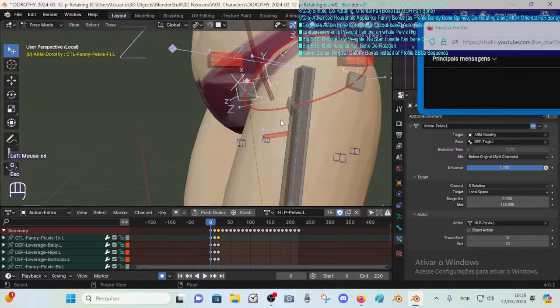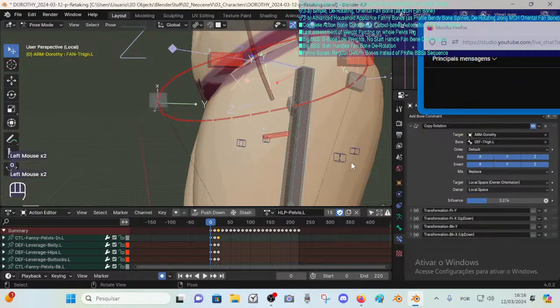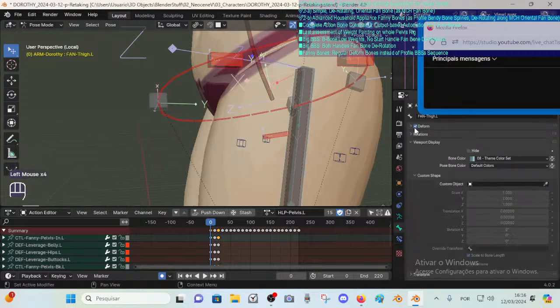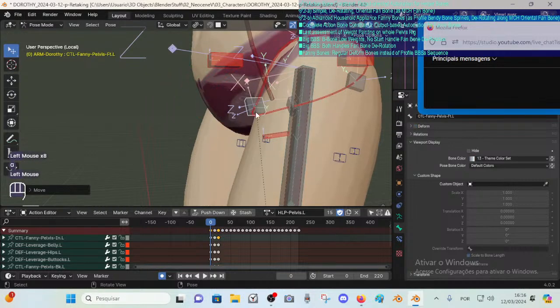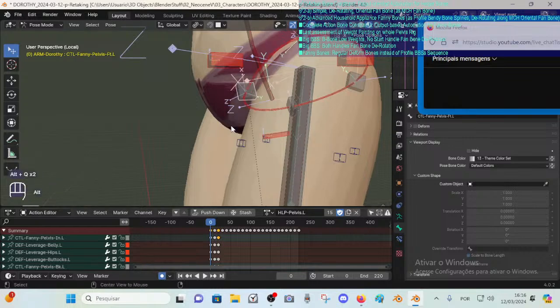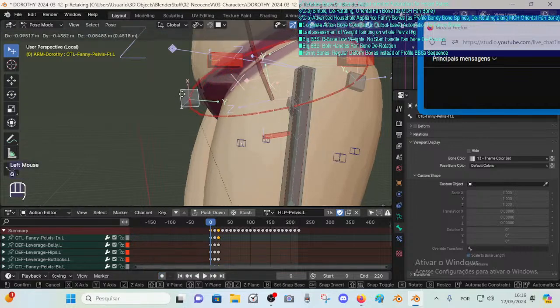So if we enable this as a deformed bone, what will happen is that you see, it will delay even more. So less and less will this become, let's say, an incredible, better profile bendy bone spline. Because then it will have less.